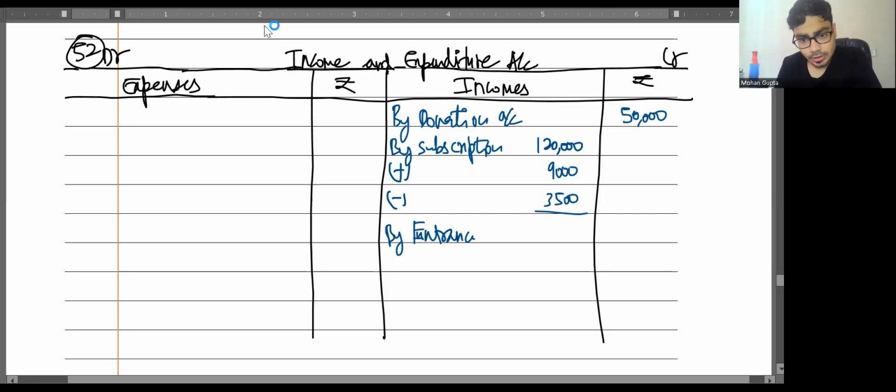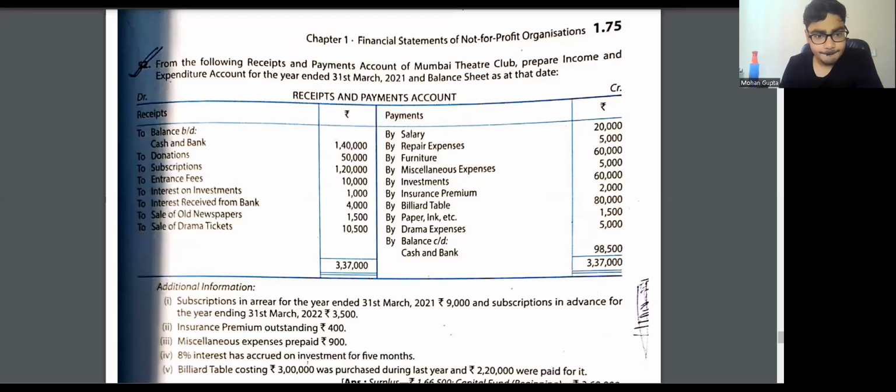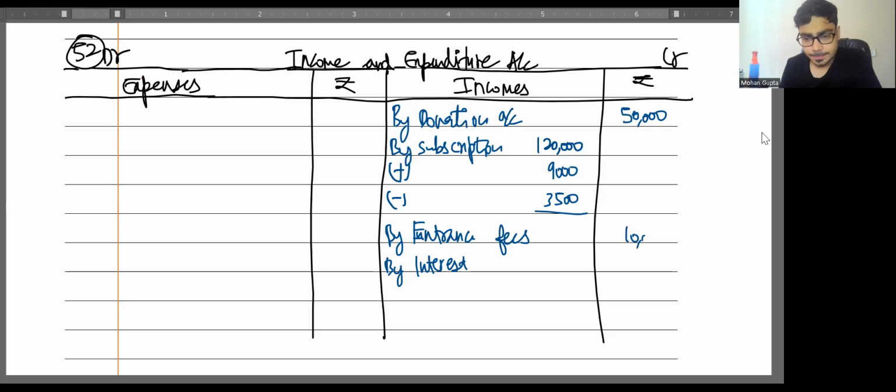And there is some adjustment for interest on investment. Yes, 8% interest has accrued on investment for 5 months. So we already received interest on investment. It says 8% interest has accrued on investment, but the investment is on the payment side.